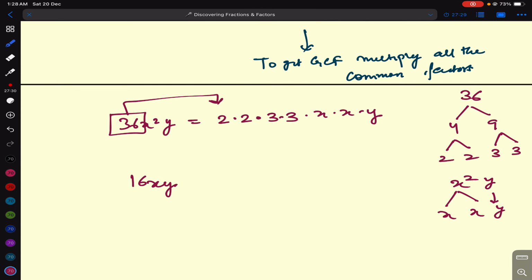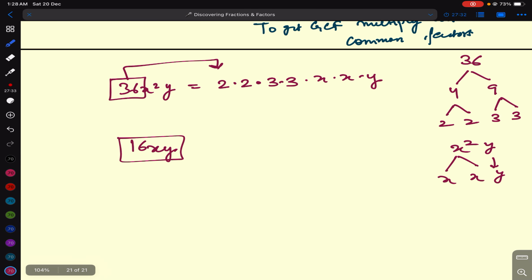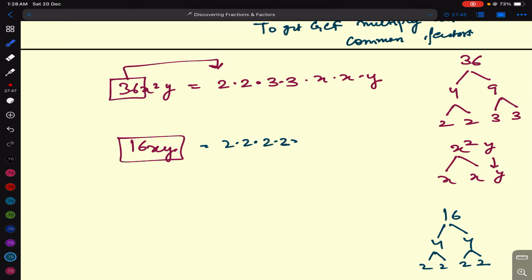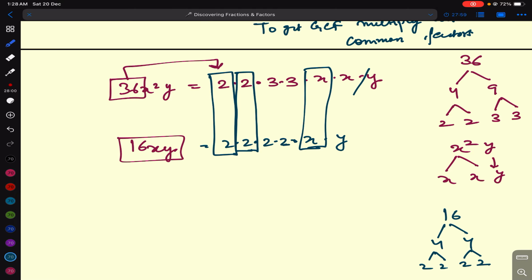Correct? Similarly, for this one, when we write 16, 16 is 4 times 4, and this is 2 times 2 and 2 times 2. So it can be written as 2 times 2 times 2 times 2, and then you have x times y. So this is common. This is also common, right? What else is common? This is common, and this is common. Yes.